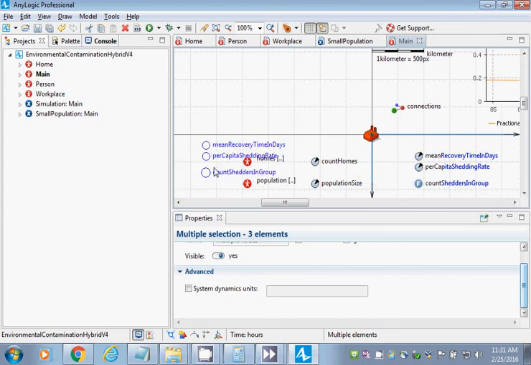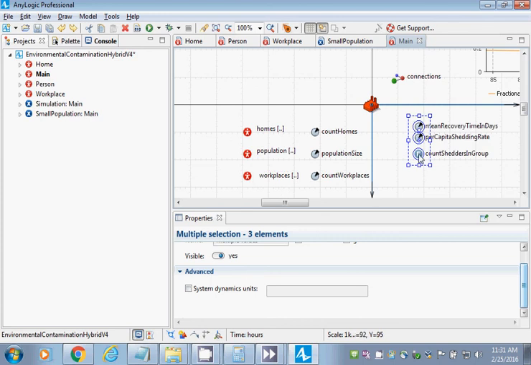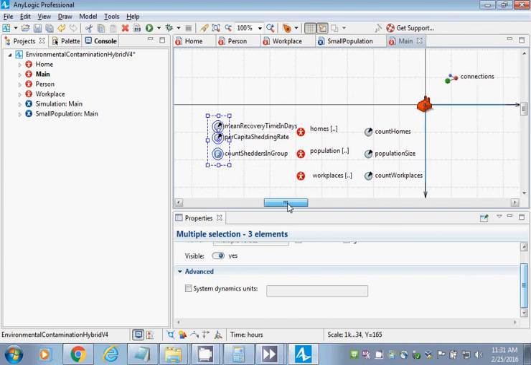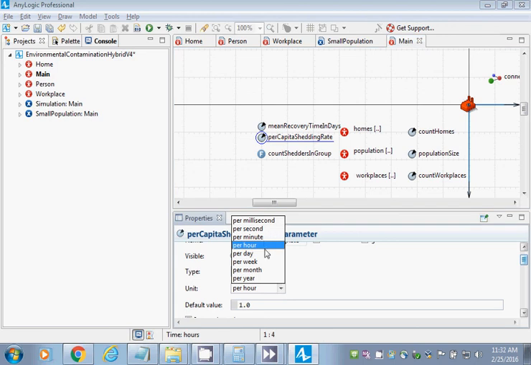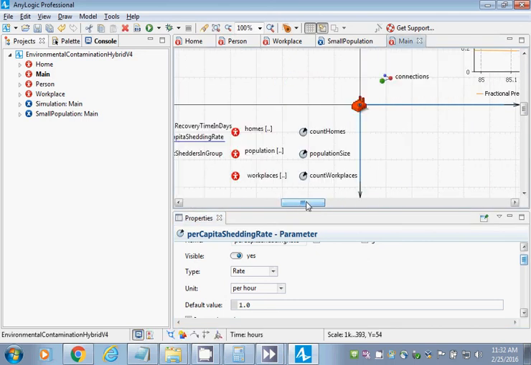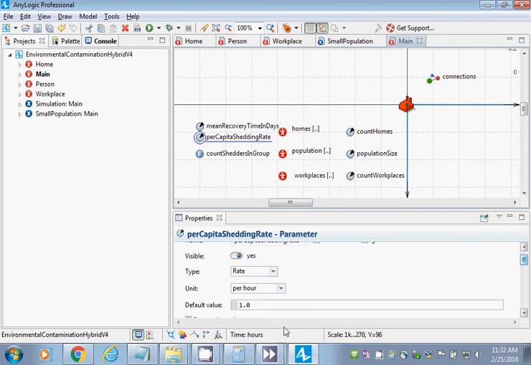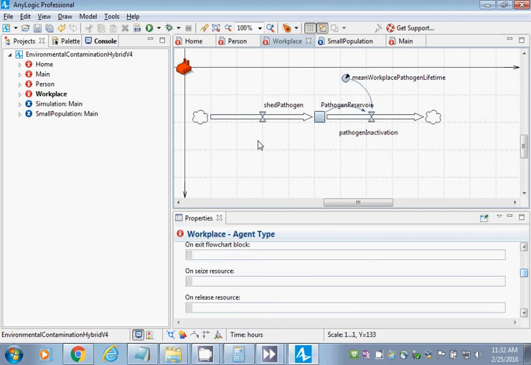So for the workplace, for the formula for shed pathogen, we're going to have the following formula: main dot per capita shedding rate.